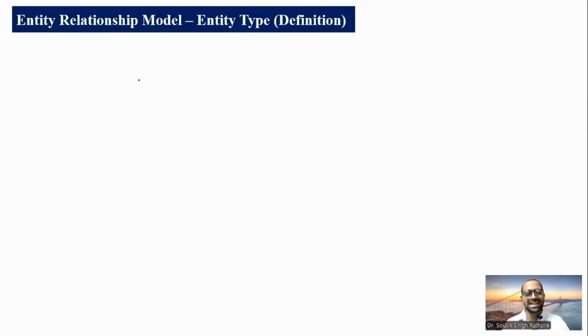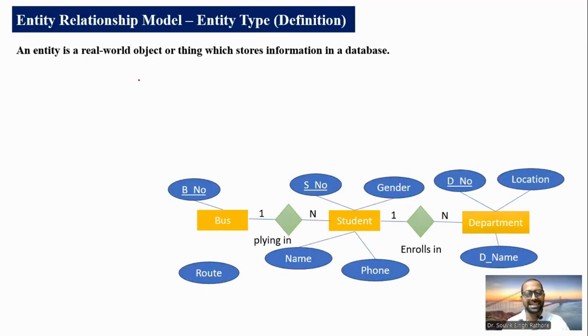Before understanding an entity type, we first need to understand a simpler term, which is called the entity. An entity is simply a real world object. It can be a person, a place, a thing or any event, about which we want to store information in the database.